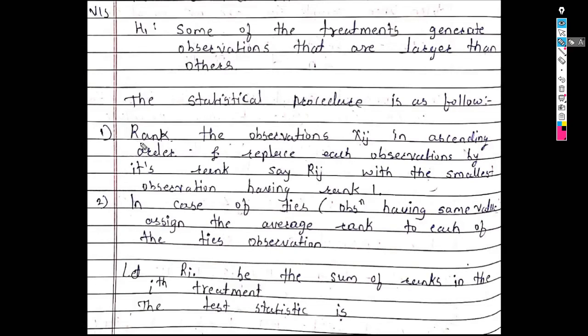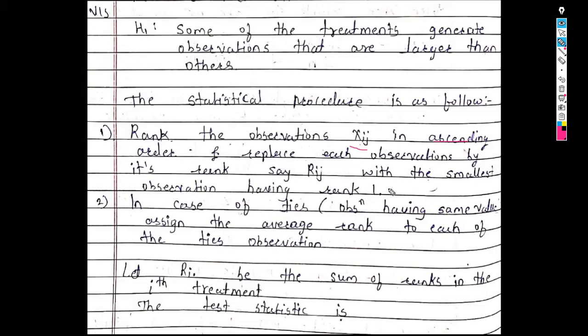Our first aim is to rank the observations xij. Suppose we have observations xij. First we rank those observations in ascending order and replace each observation by its rank, say Rij, with the smallest observation having rank 1.